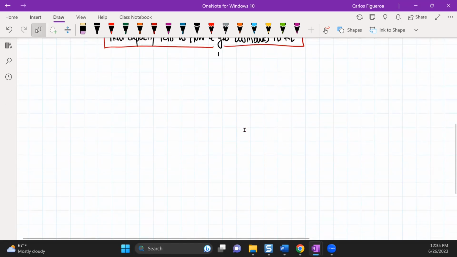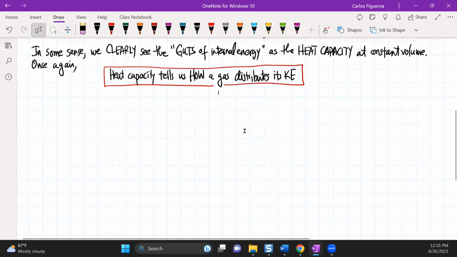So what do we mean by an ideal gas? So here's the definition. When we say the word ideal gas, the word that's commonly used is monatomic gas.